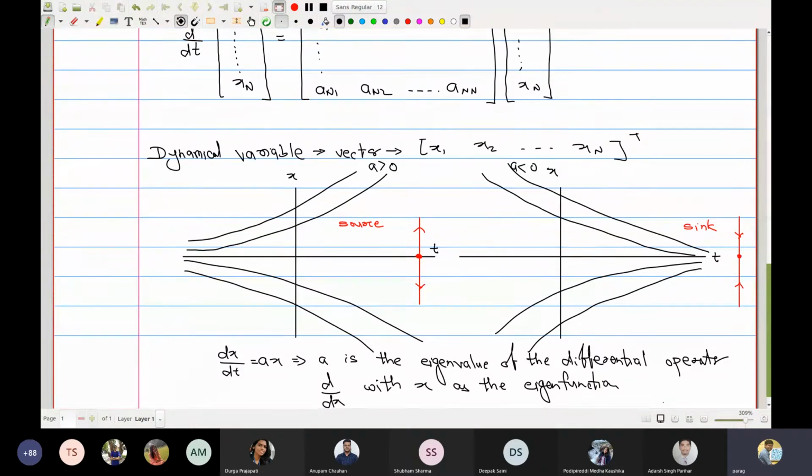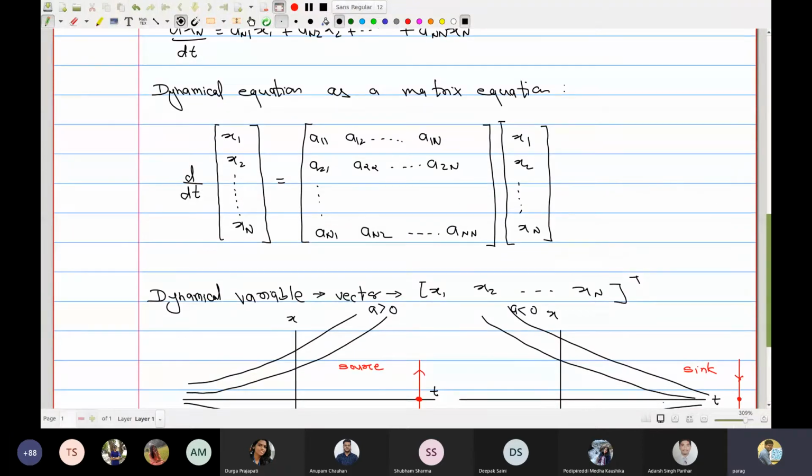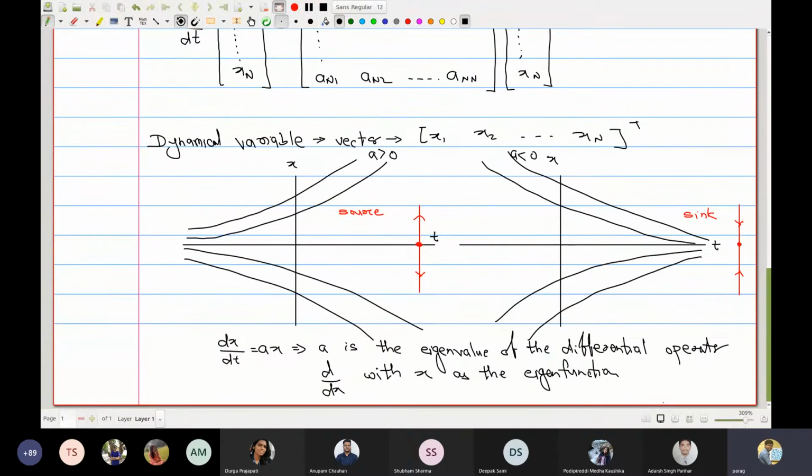Similarly, for an nth order dynamical system, you will determine the eigenvalues of this n by n matrix, and depending upon the sign of these eigenvalues, you can say whether the system will converge to a specific value or diverge away from a specific value as t tends to infinity. So we will analyze this in detail today.